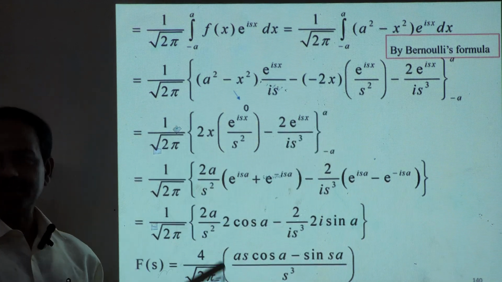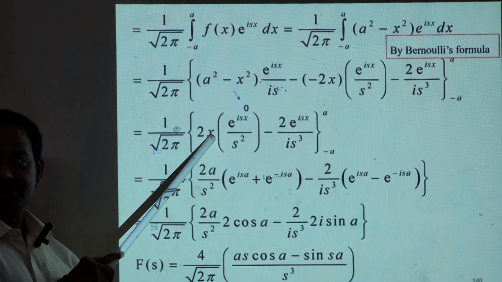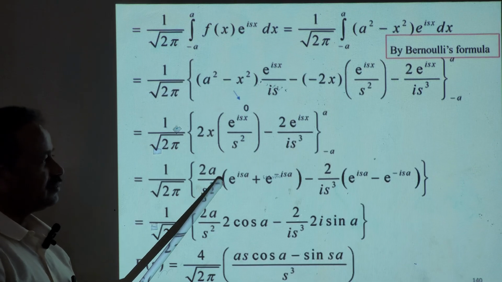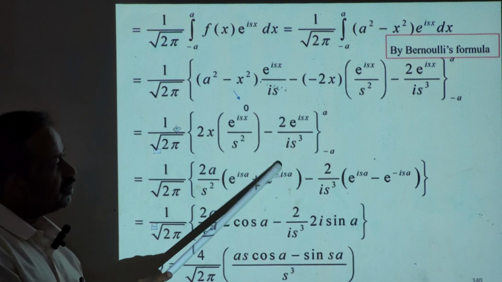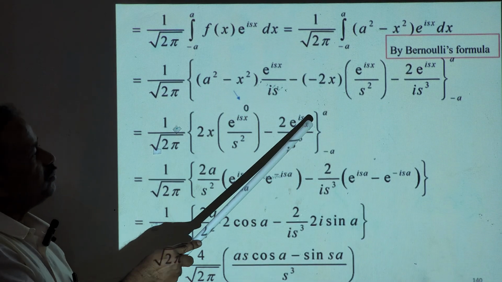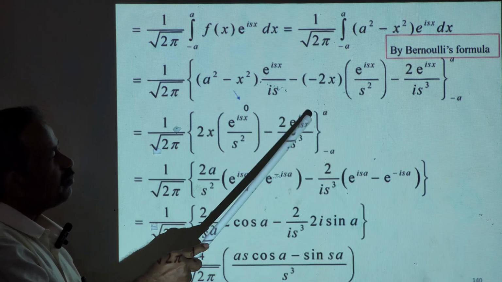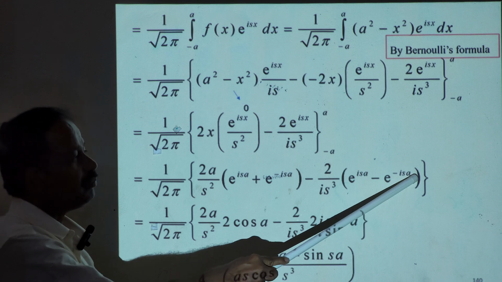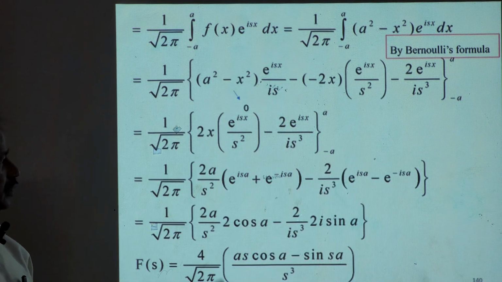Now we substitute the upper limit a instead of x, so that gives 2a by s squared e to the power isa. Substituting the lower limit gives e to the power minus isa. Here too we have 2 by is cubed times e to the power isa minus e to the power minus isa. We have substituted now.